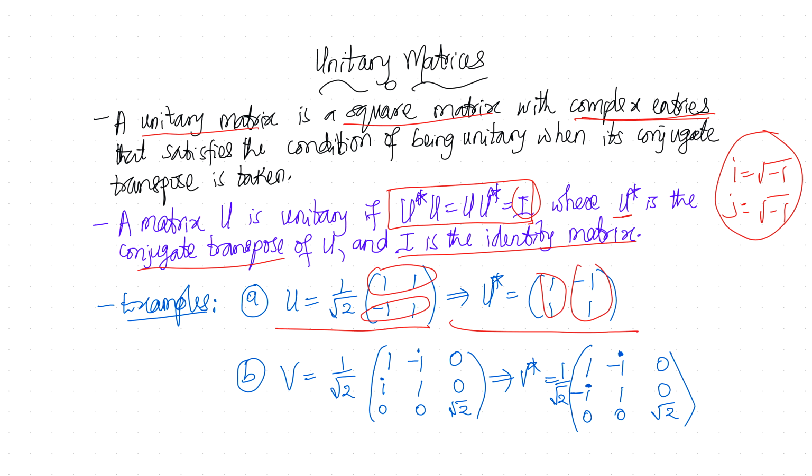The same happens here. So V is 1 over root 2, 1 minus i. This is not 1, this is minus i, and i means square root of -1. Then 1 minus i 0, i 1 0, and then 0 0 root 2.